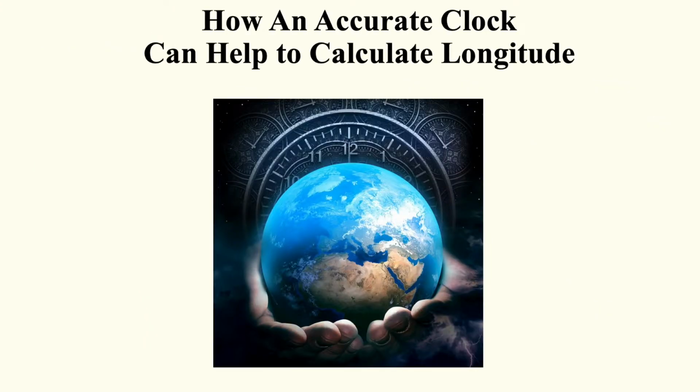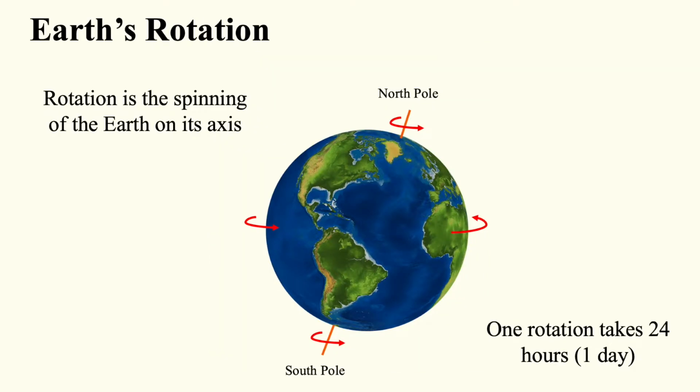So, how did Captain Cook use an accurate clock to calculate longitude? To understand this, we need to understand the Earth's rotation. Rotation is the spinning of the Earth on its axis, and the Earth rotates eastwards around its axis once every 24 hours.